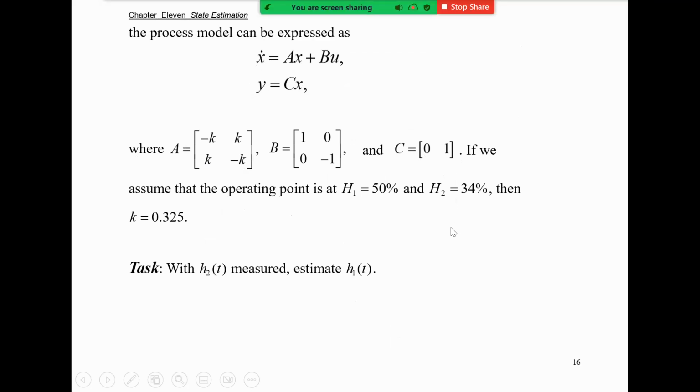How are we going to get the information about the whole state vector, which includes both H1 and H2? That is the problem we are going to solve. Of course, right now we don't know the answer, so we are going to give you the general solution first, and then we'll come back to give the solution for this problem.